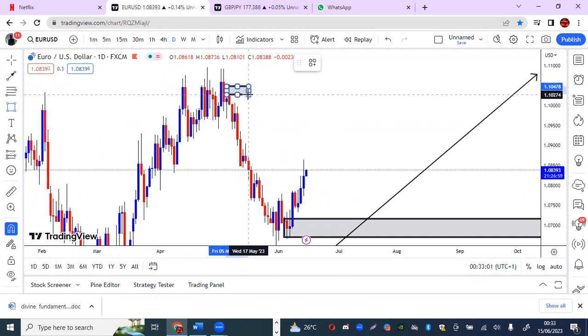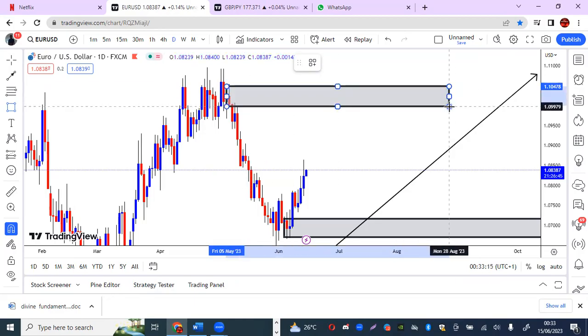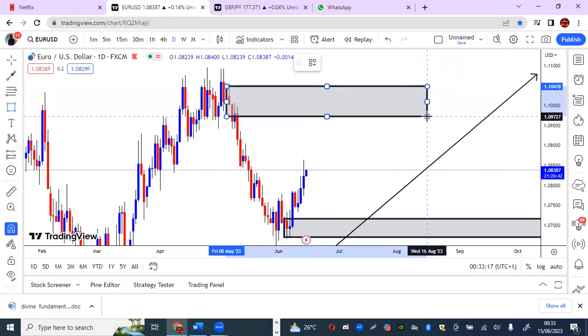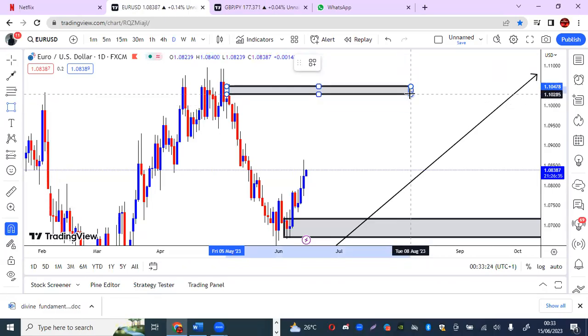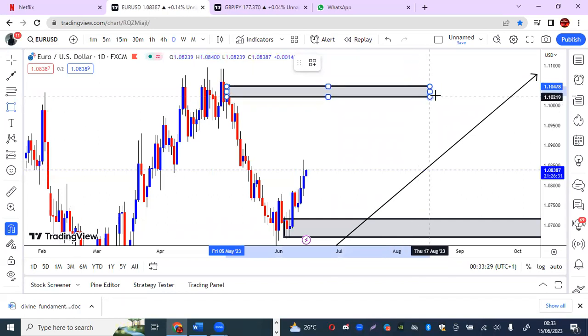But for the candlestick part that is close to where price is approaching, you don't mark the wick. You only mark out the body of the candle. So I'm not going to mark this up to here. This particular blue candle, which is the last bullish candle before the strong departure, I'm taking as my base.